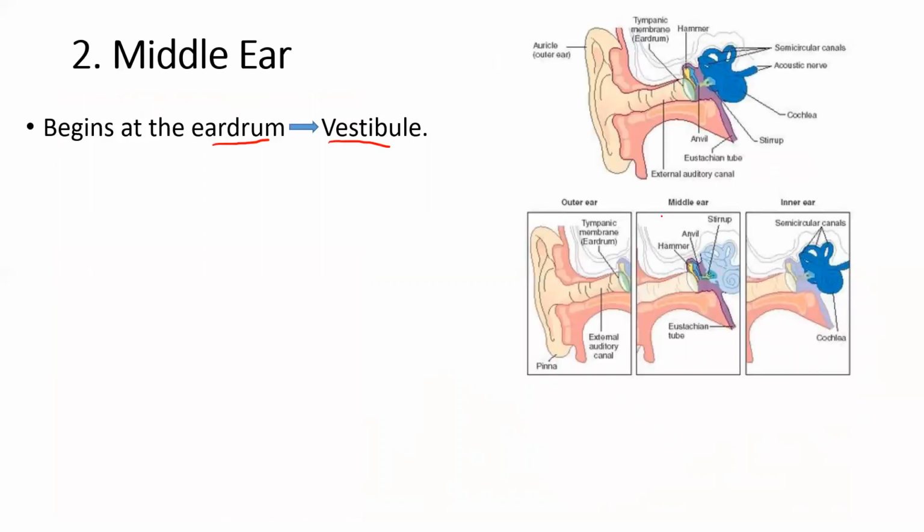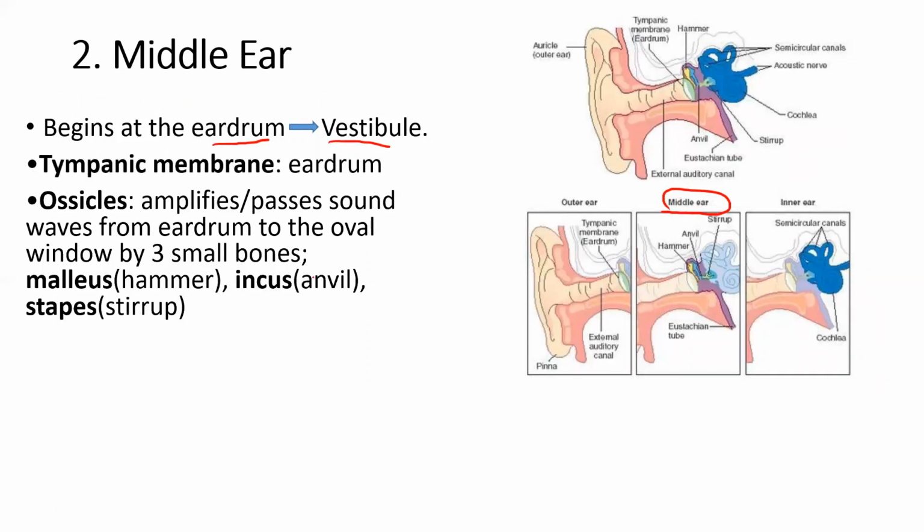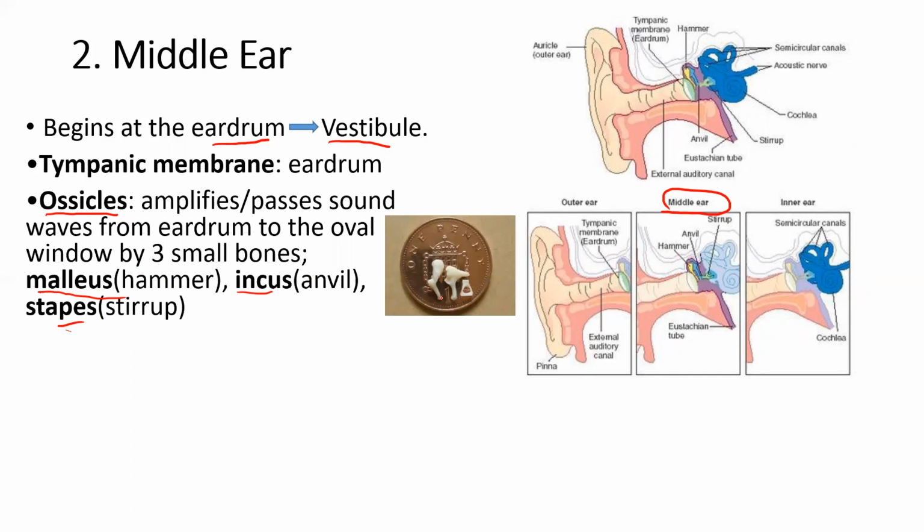So middle ear, here we go. Ossicles are those little bones we talked about, and they magnify and concentrate the sound. And there's three little bones, the hammer, incus, and stapes. Now that's the size of them.